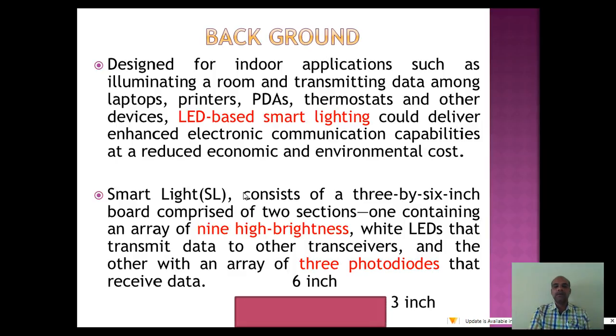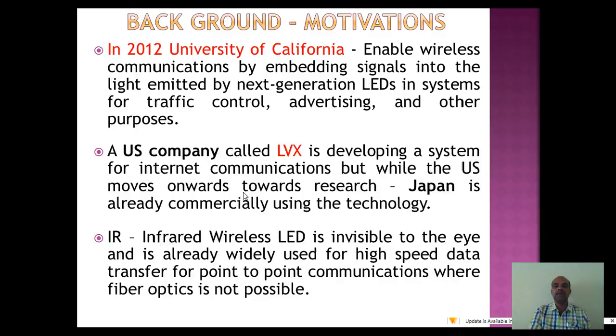Another technology is smart light technology, in which they prepared a 3x6 box. In that box they place 9 LED lights and 3 photodiodes. The 9 LED lights transmit the data and the 3 photodiodes receive the data, so transmission and receiving can be done by the same devices.